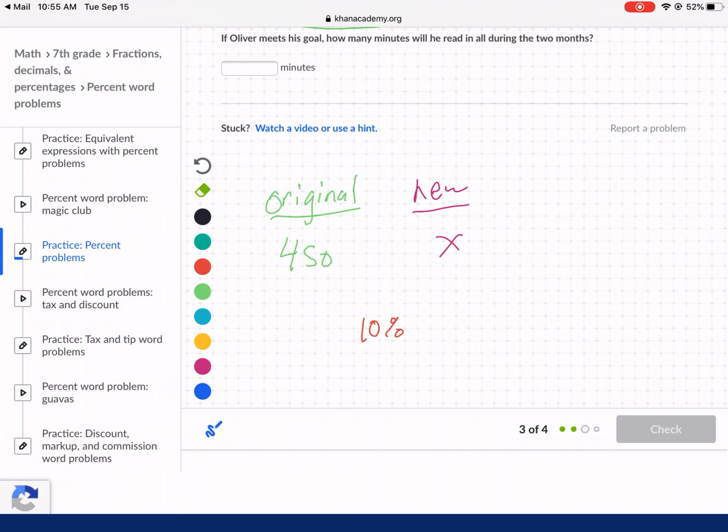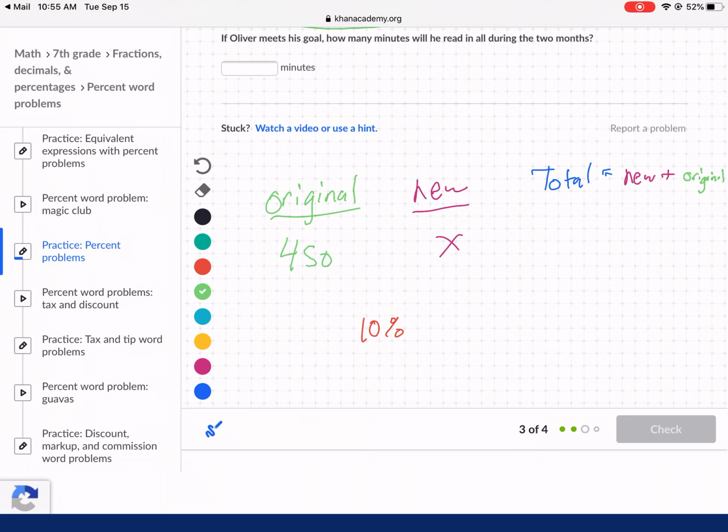In total, particular to this problem, we want the new plus the original, and that will give us our total for the 2 months.